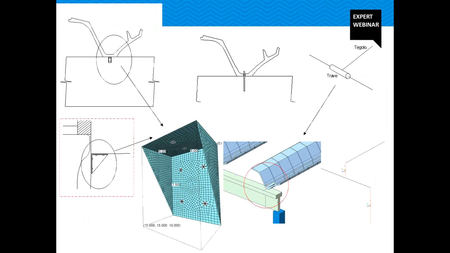Let's move to more refined analyses, from global to local, that are usually required in order to capture the real behavior during an earthquake event of the L-shaped steel plate, for example. In this case, a more local Midas FEA model could be used, using single shell elements.